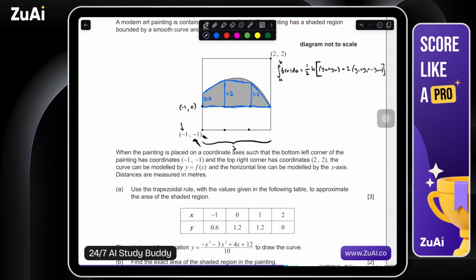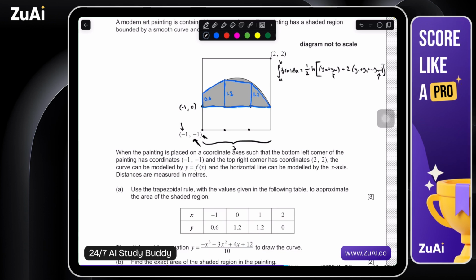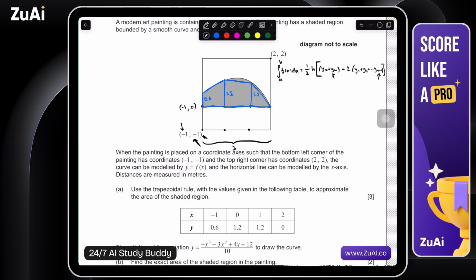That means everything up to the second last one. Remember, this is the last one right here. So let's go ahead and write those values in.